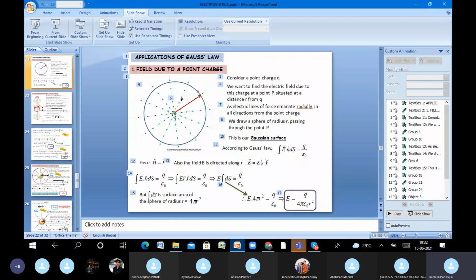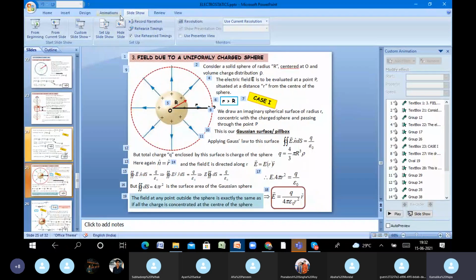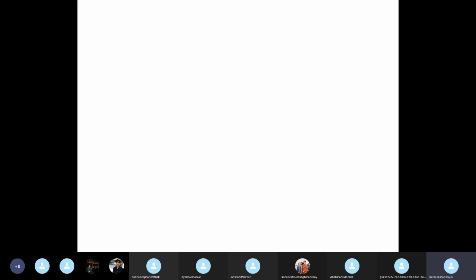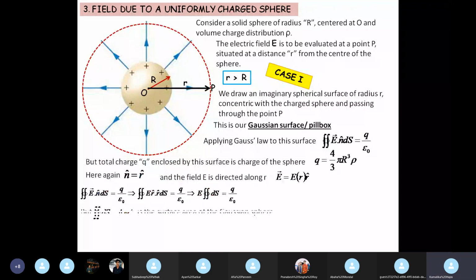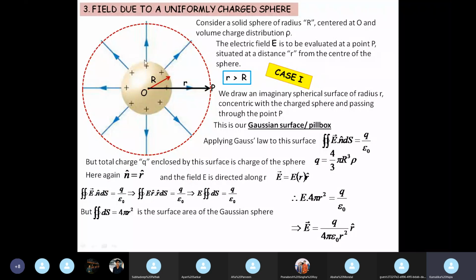It was just a point charge placed at the point O. But the electric field at a point distance r from the charge was q by 4 pi epsilon naught r square. Here again we have got the same expression, where q is the total charge of the solid sphere.